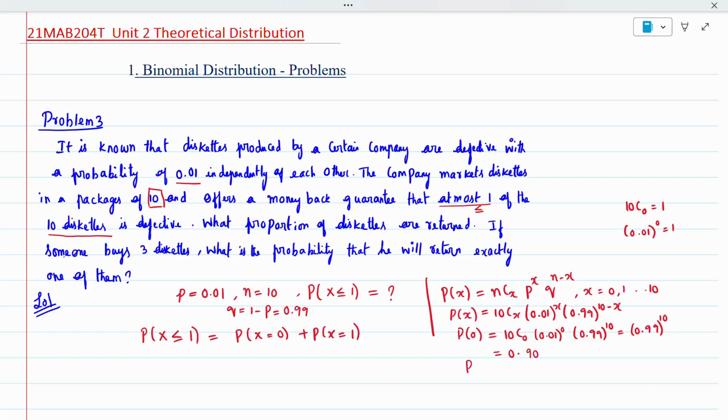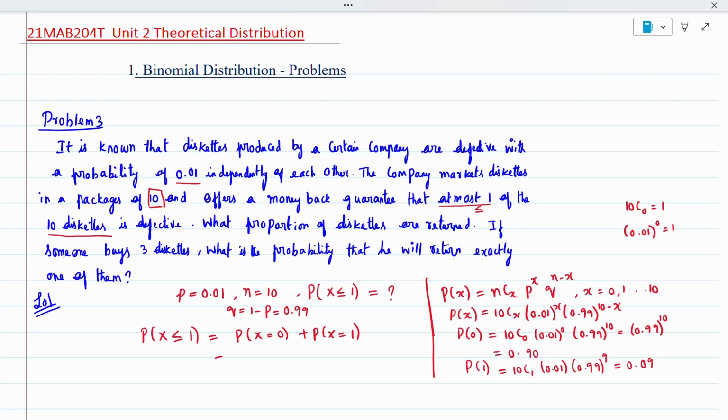In the same way, P1, same procedure. So it is 10C1, 0.01 the whole power 1, 0.99 the whole power 10 minus 1, which is 9. Multiply everything in a calculator and we get the answer 0.09.